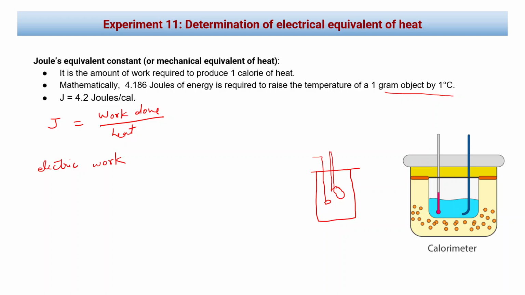So we use this stirrer to stir the liquid continuously so that we get a homogeneous temperature, I mean the temperature everywhere inside is homogeneous, and then whatever measurement we do with this thermometer gives the correct value.